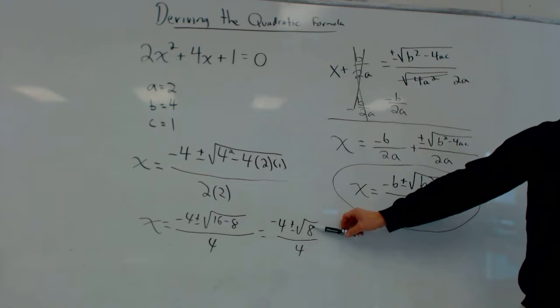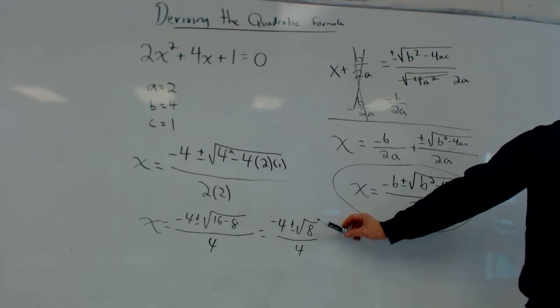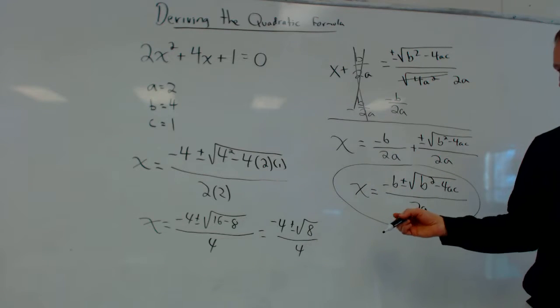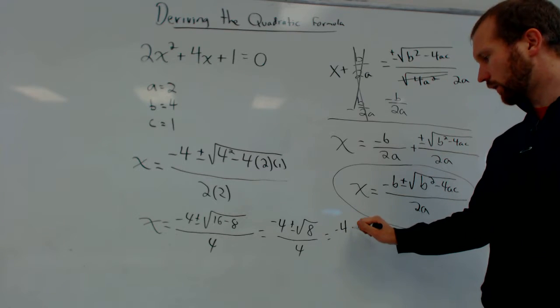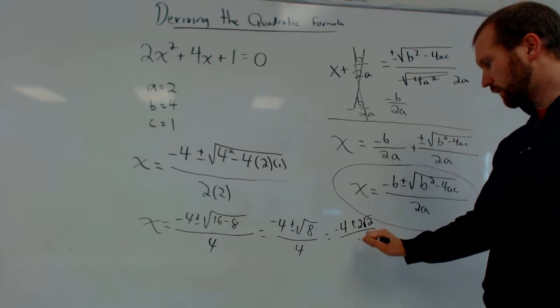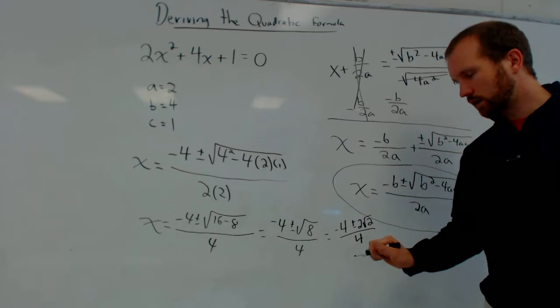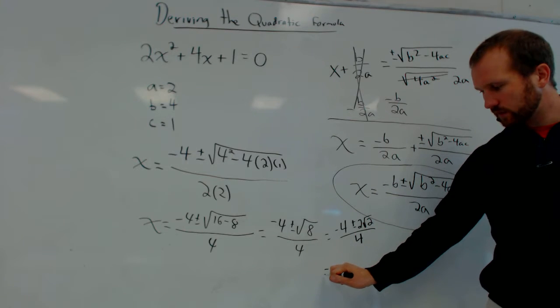Okay, but what is the square root of 8? Is there a perfect square in 8? Yeah, 4 times 2, right? So it would be negative 4 plus or minus 2 square roots of 2 over 4. And now, what can I do? Does anyone see it?